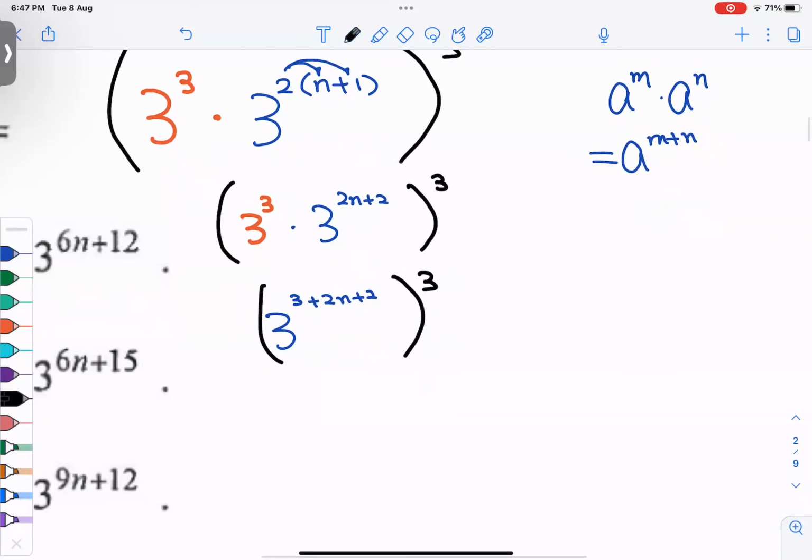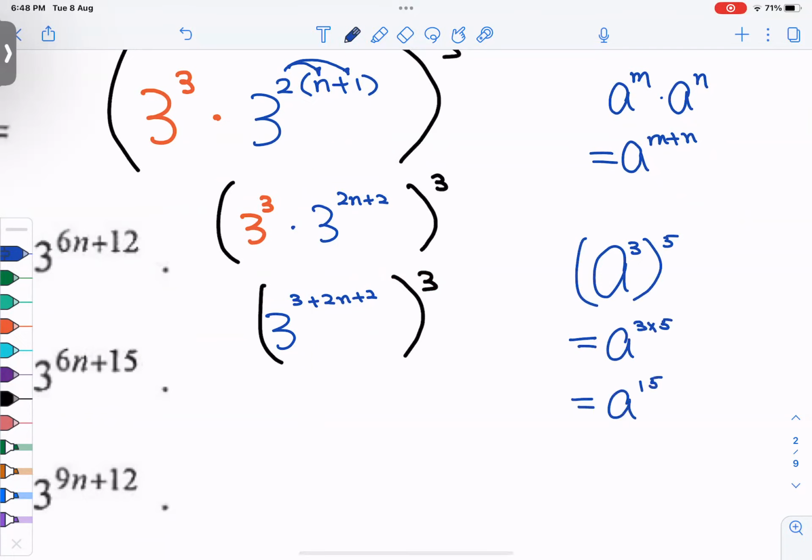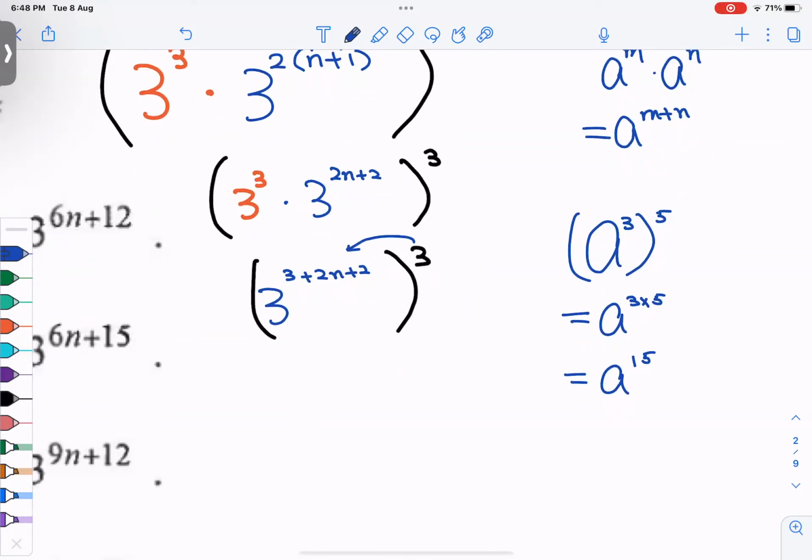And then now what we can do is the outside power goes in. If there's a power inside already, you multiply with it. So it's basically if there is a 3 here and 5 outside, you will multiply them. Same here, this 3 will go inside. So it will be 3 times everything inside.